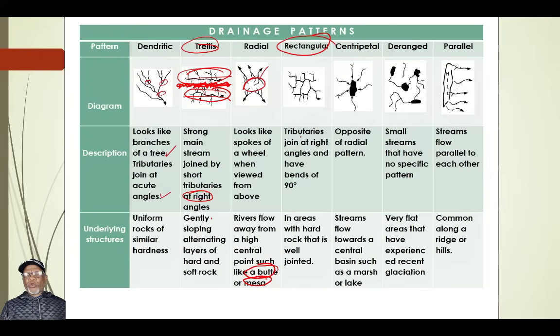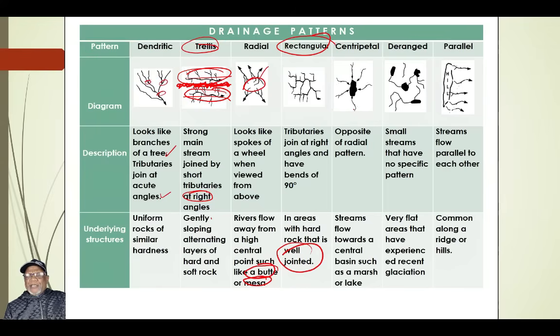The mainstreams also have a 90 degree bend. So we've got two 90 degrees: the mainstreams bend at 90 degrees, and the tributaries also join the mainstream at 90 degrees. Then where do we find them? We find these stream patterns where we have jointed igneous rocks.